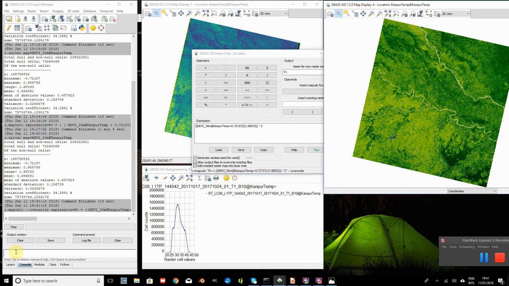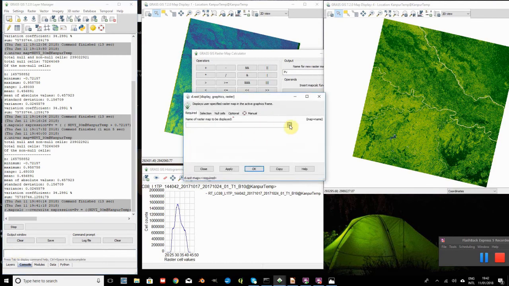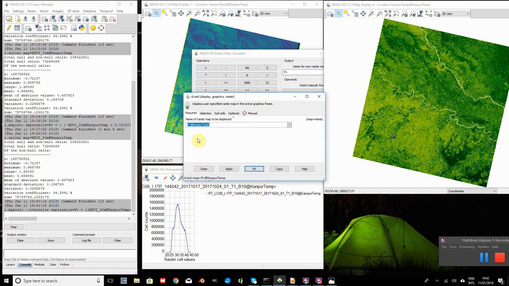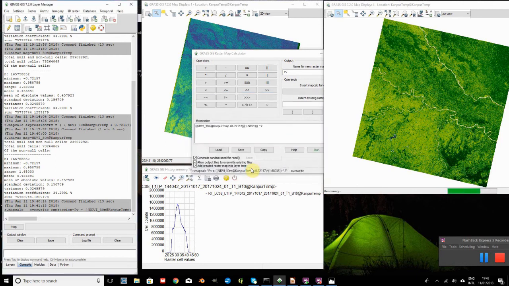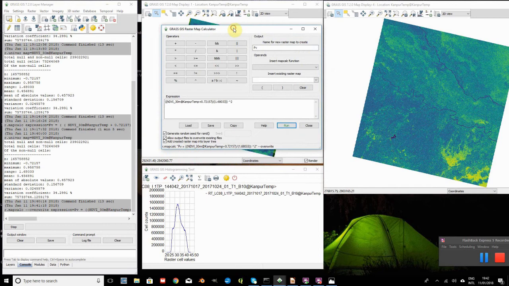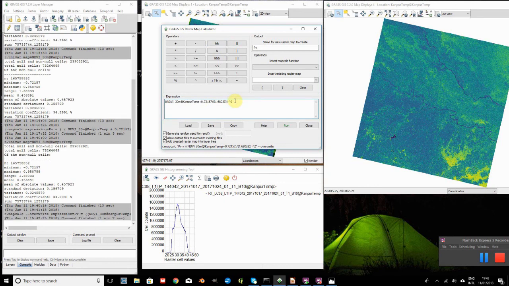Mine is already calculated, so I can go d.rast, PV, not pan, PV. There we go. So that's the modified, kind of a ratio NDVI. It is a step toward calculating the emissivities. Now we can actually change this. There we go, that calculation just finished.